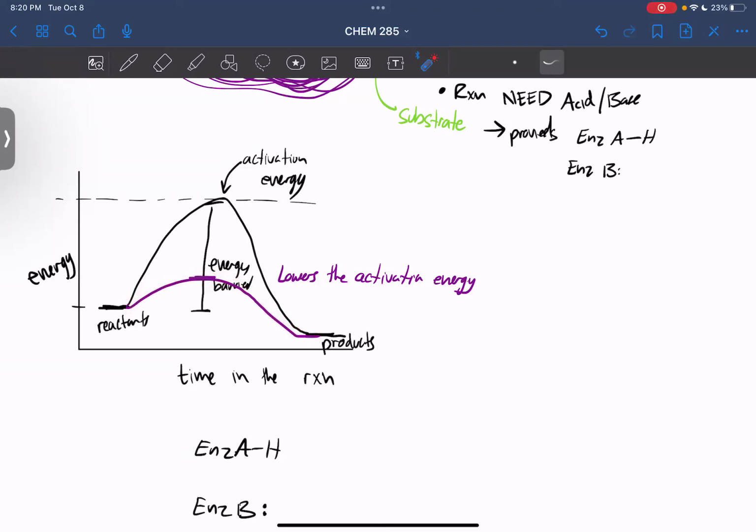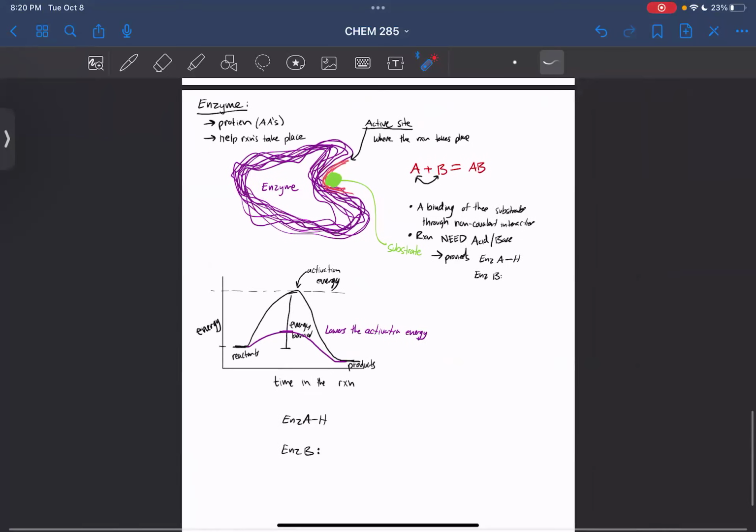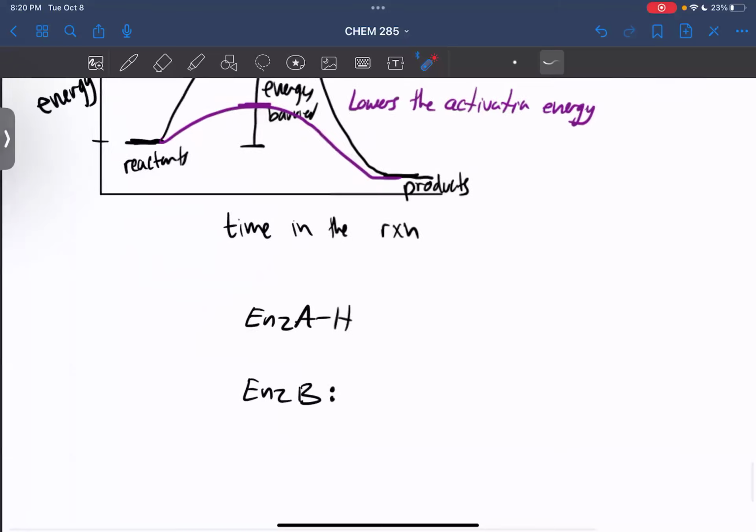It brings it to a lower point to make it go quicker. That's why enzymes are very useful in the body, because it helps a reaction that is not necessarily spontaneous happen very quickly and at the right time and speed to produce enough products that the body wants.